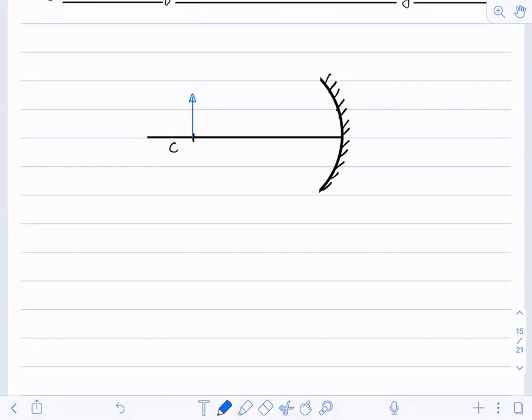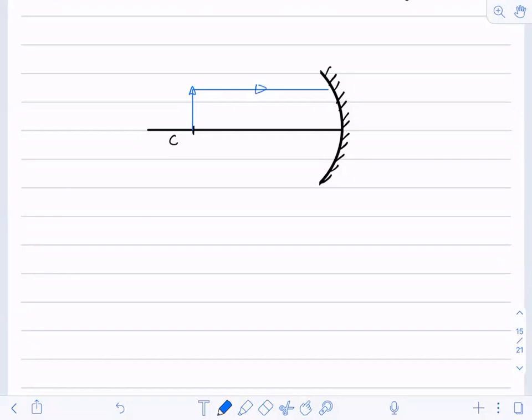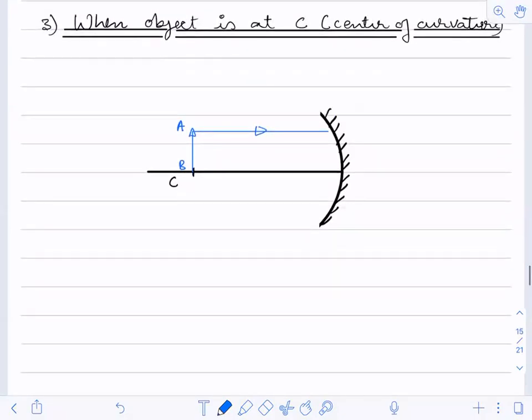So first, what we did, we will make a line which is parallel to the principal axis. We'll start a line from the point A. This is point A, and this is B. We'll start a ray which is parallel to the principal axis, and this parallel ray will pass from where?